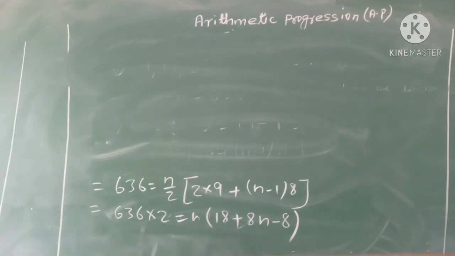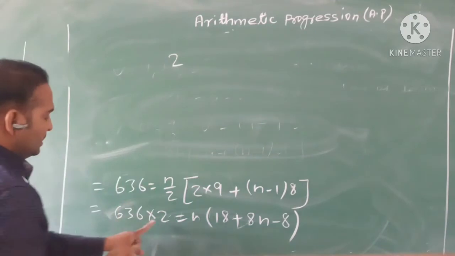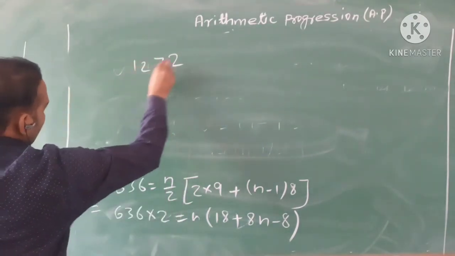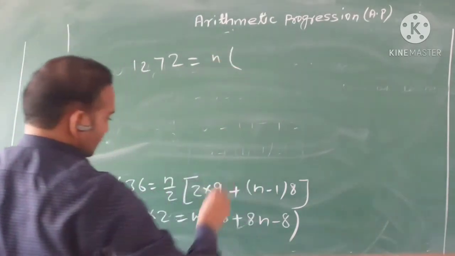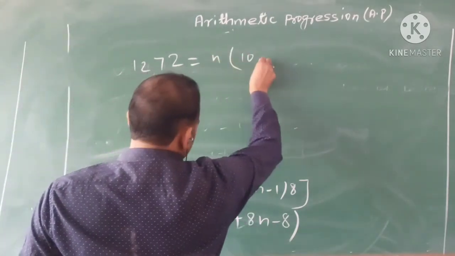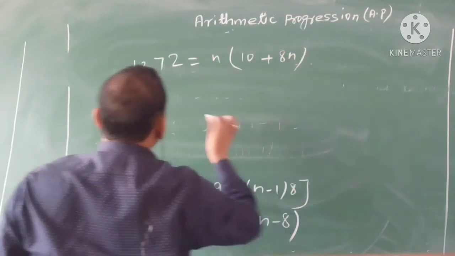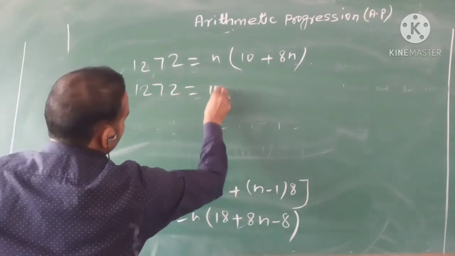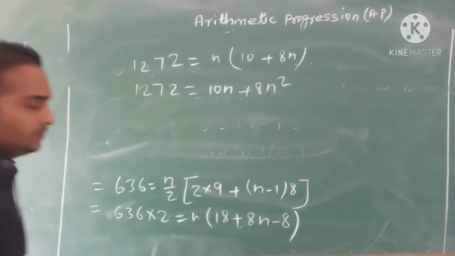After solving it, 636 times 2 is 1272. This is equal to n times (10 plus 8n), so 1272 is equal to 10n plus 8n square.